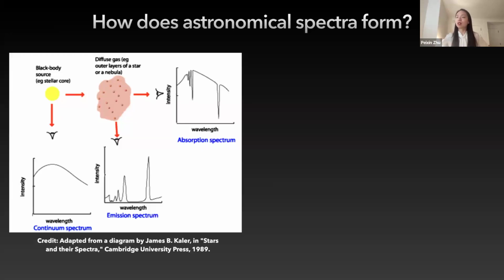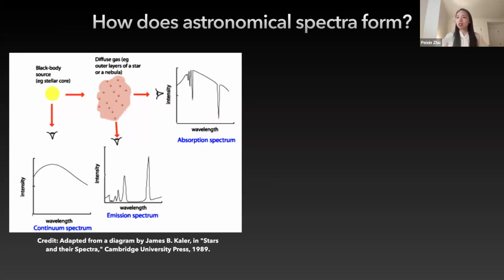And if you're looking at the diffuse gas from the side, because you're not looking directly through the diffuse gas at the black body radiation source, then you don't have this background black body spectrum. Instead, you have a very basic flat spectrum.